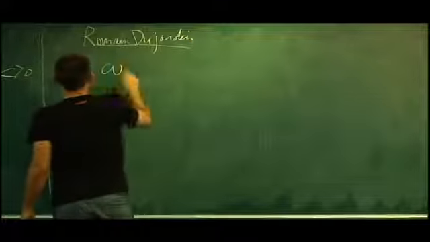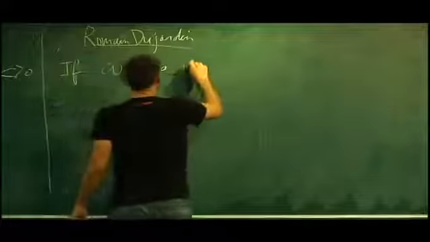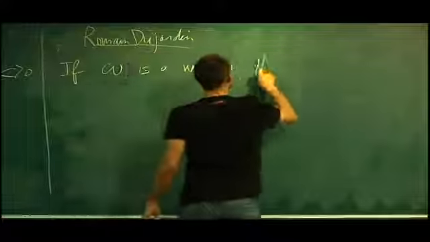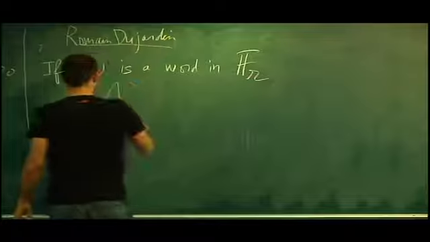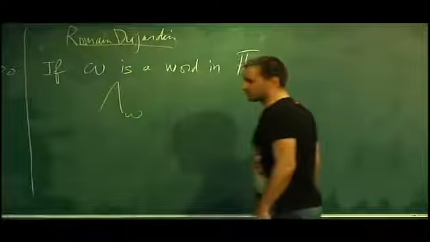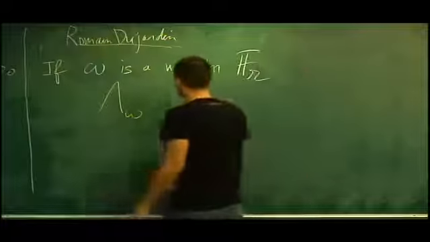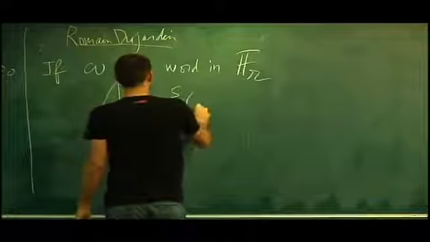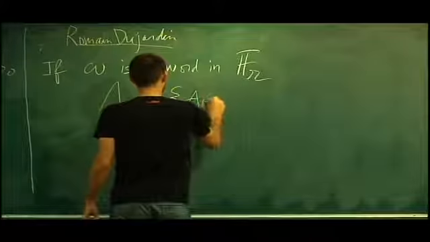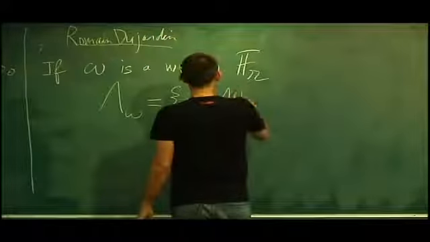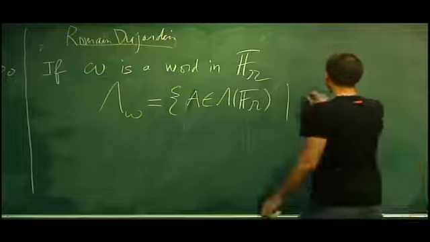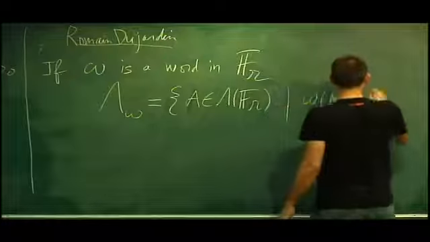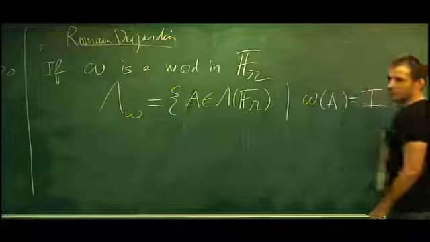So if omega is a word, let us define lambda of omega. This is a special subvariety which is defined as a set of representations A such that omega of A is equal to the identity. Okay?